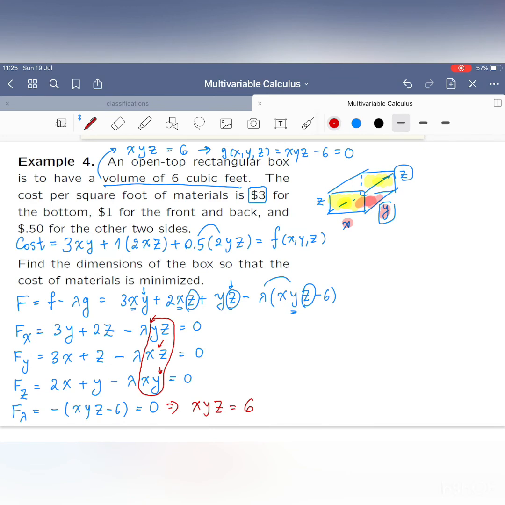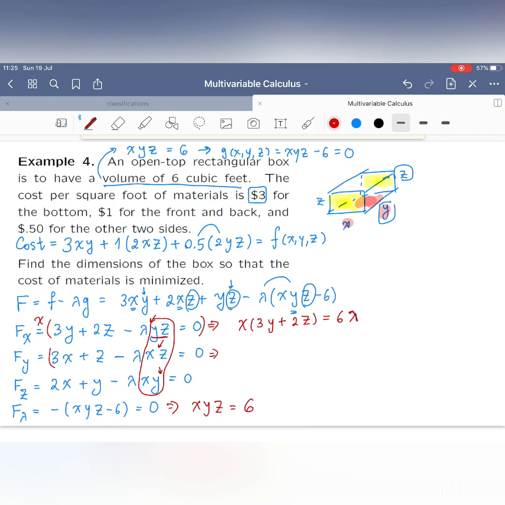So for example, if you multiply the whole thing by x, you have x times 3y plus 2z equals to lambda xyz. So it is 6 lambda, right? Because your xyz equals to 6.